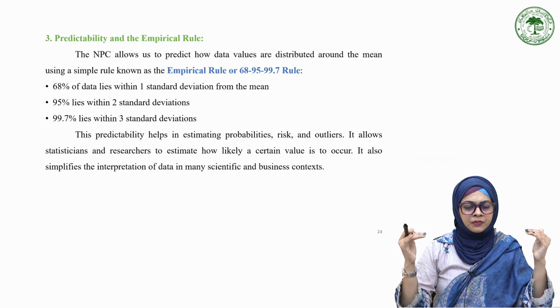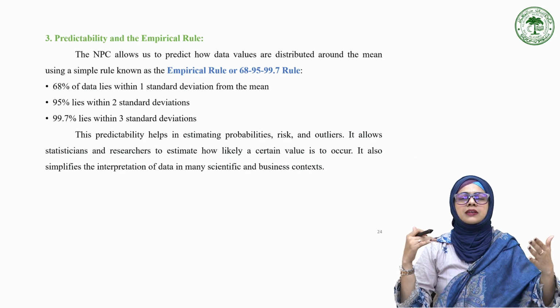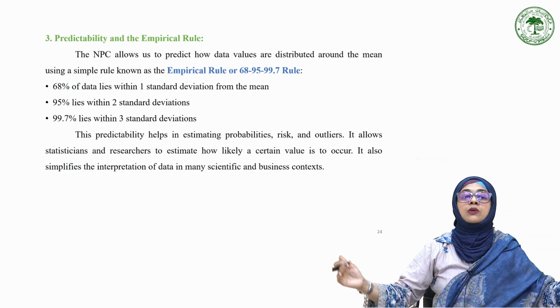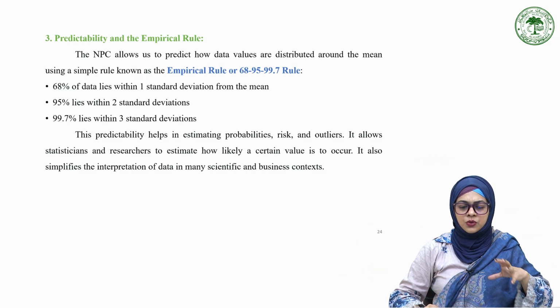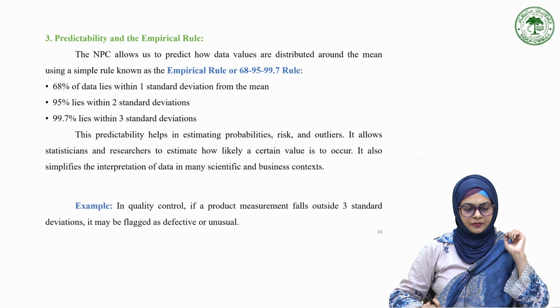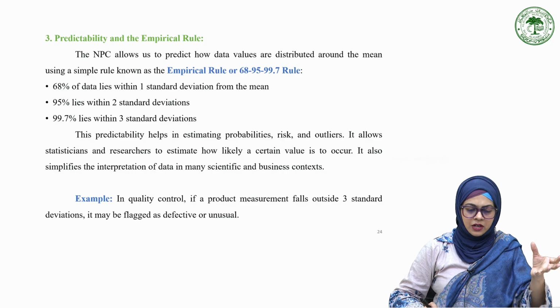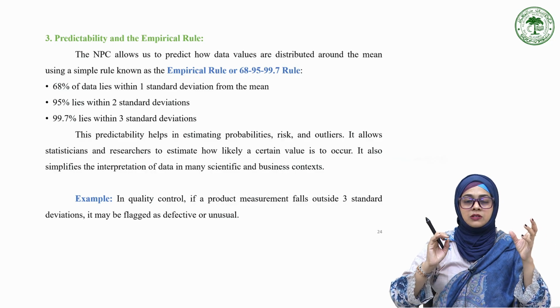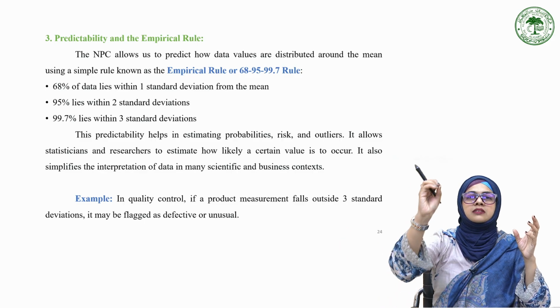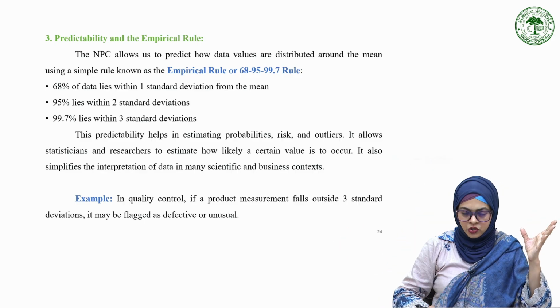This predictability helps in estimating probability, risk and outliers. It shows how likely a certain value is to occur. For example, in quality control, if the product measurement falls outside the third standard deviation, it can be flagged as a defective or unusual item.